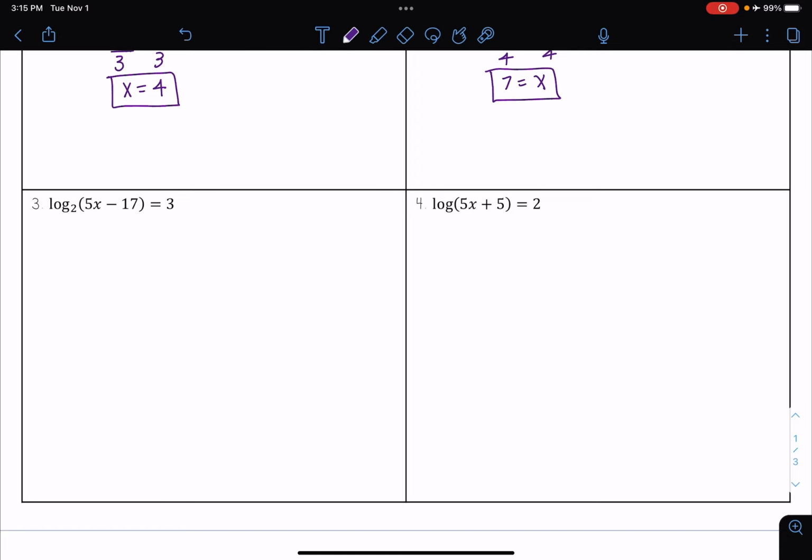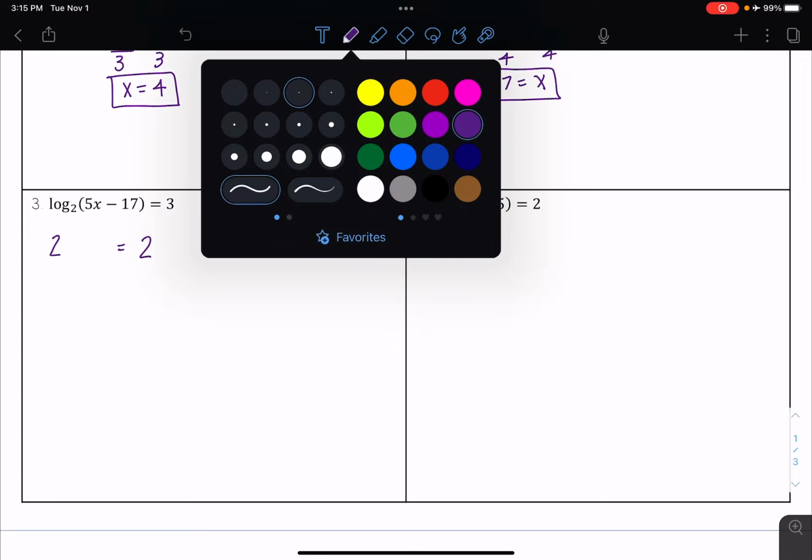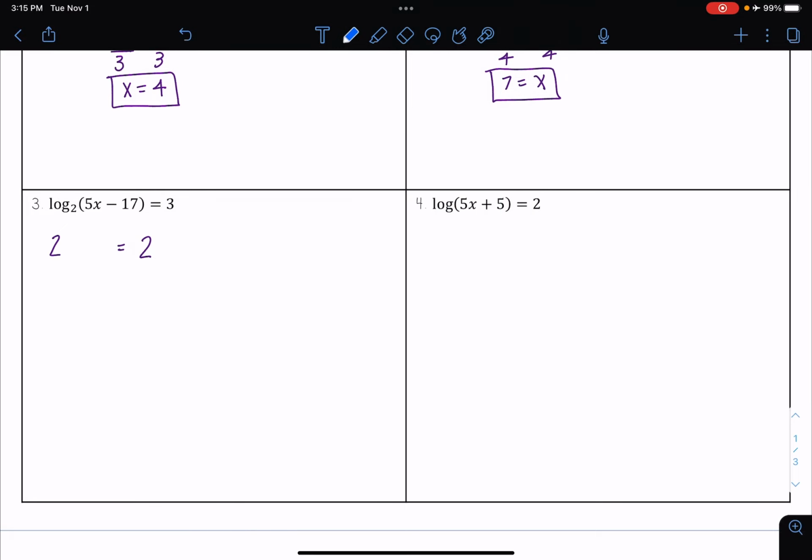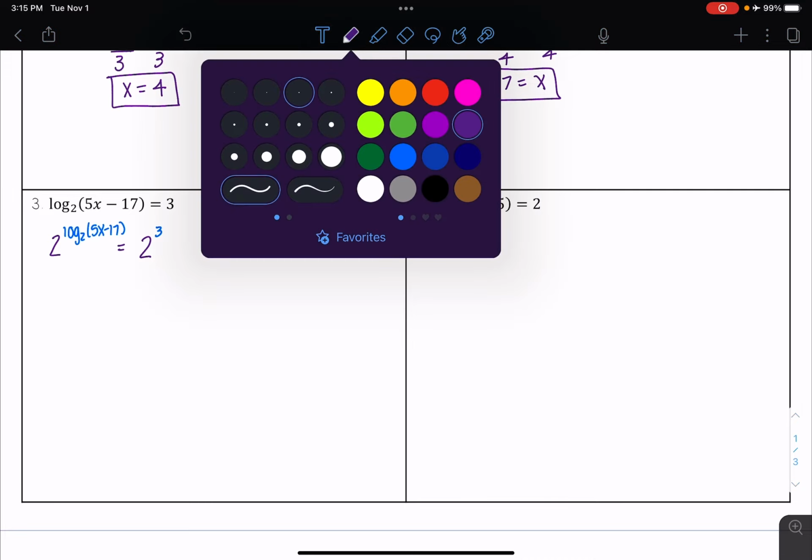To get rid of that log base 2, I take base 2 on both sides, and what was in my equation now becomes my exponents.